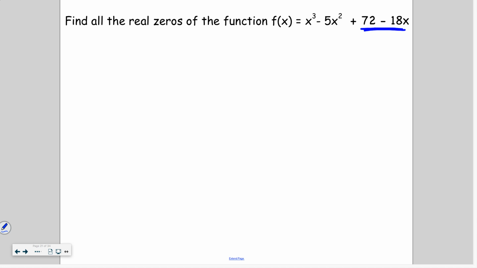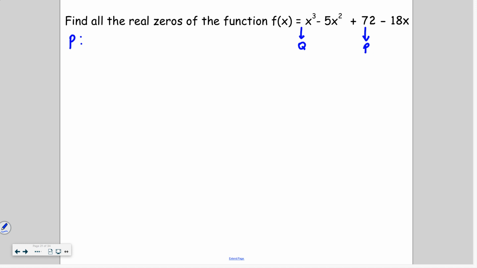Those are not in standard form. So you can rewrite it to where it is in standard form, or you can just go ahead and know that your constant is b. Okay?